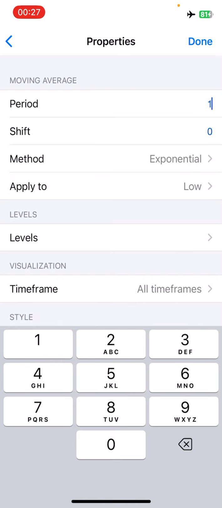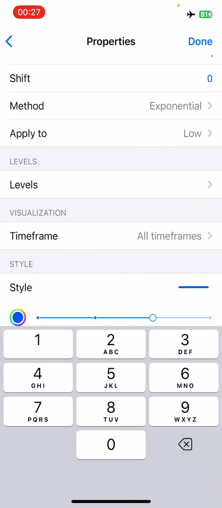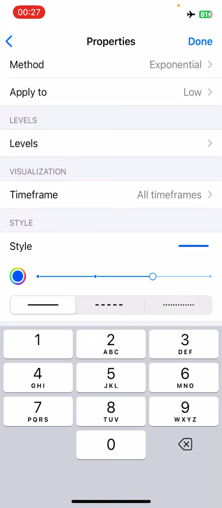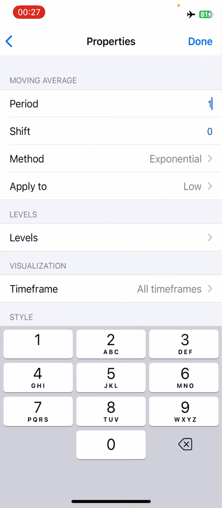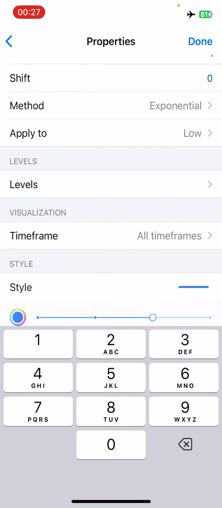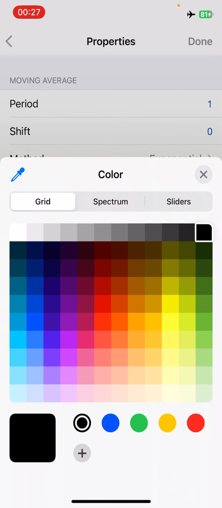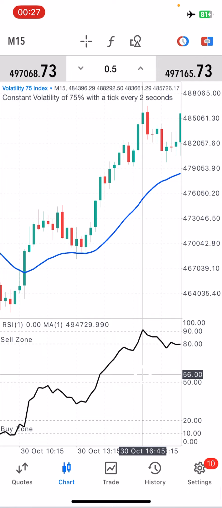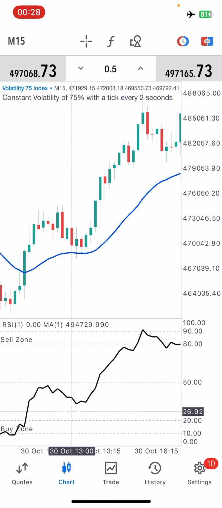The method will also remain as exponential, as well as apply to low. You're not going to need any levels for this one, and you can allow it to be on all time frames as well. But we're going to change this color to be black. Also on my styling, I'm going to change my color to black, and I'm going to click done. And as you can see, we now have a black moving average added down here below.